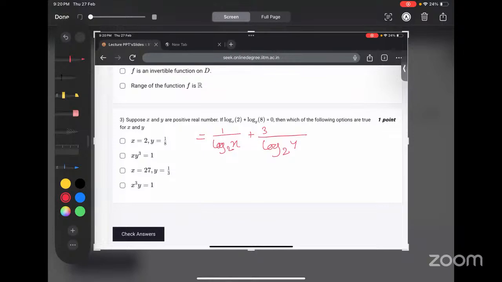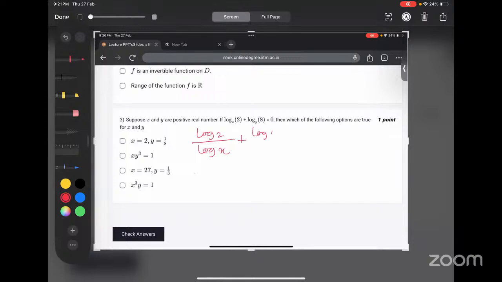We can actually write it as, no, it's fine. Not in this form. We can first directly write log y by log x maybe, right? Yes.